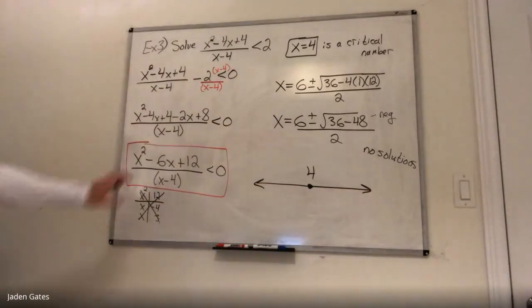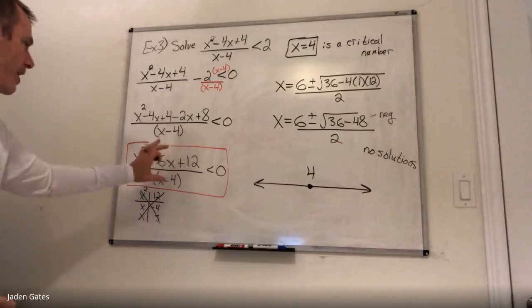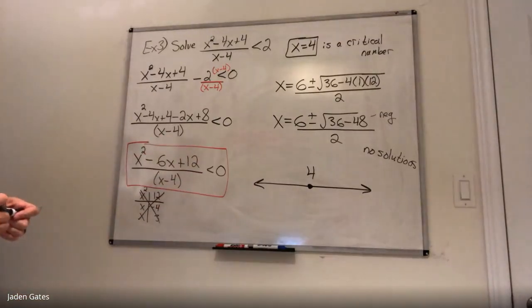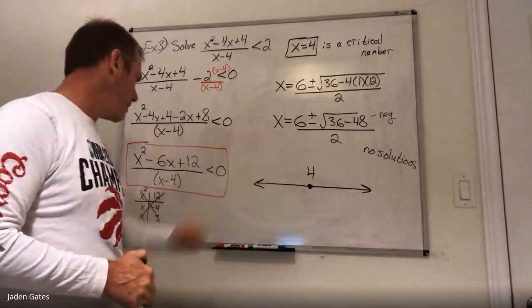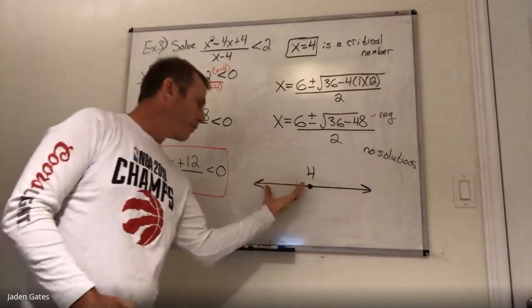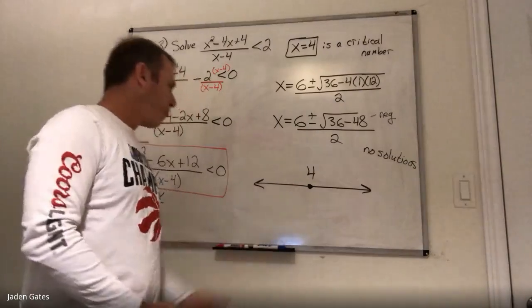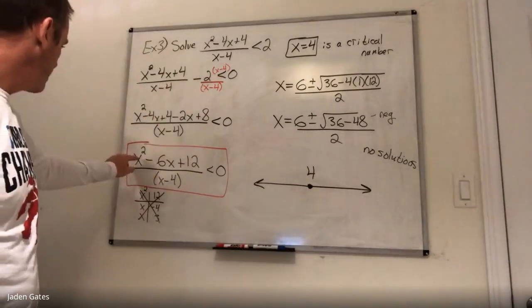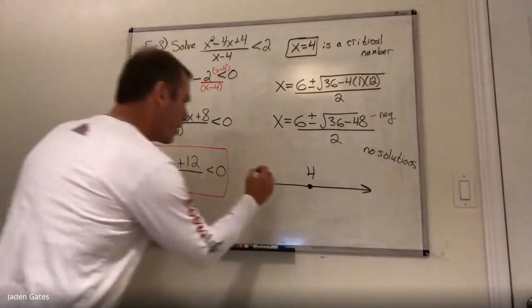All right, and so now I'm going to use my values here, my finished polynomial or my cleaned up polynomial, to see when it is less than 0. And so I need a number left of 4, right? So an easy one would be 0. So I plug in a 0. I get negative 4 on the bottom, right?